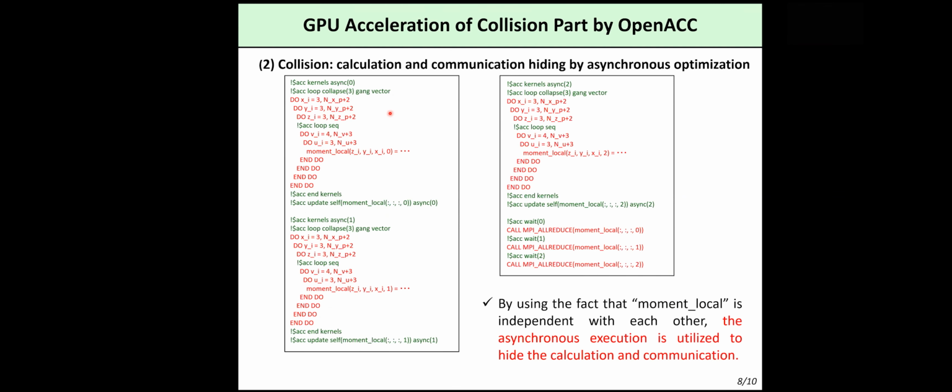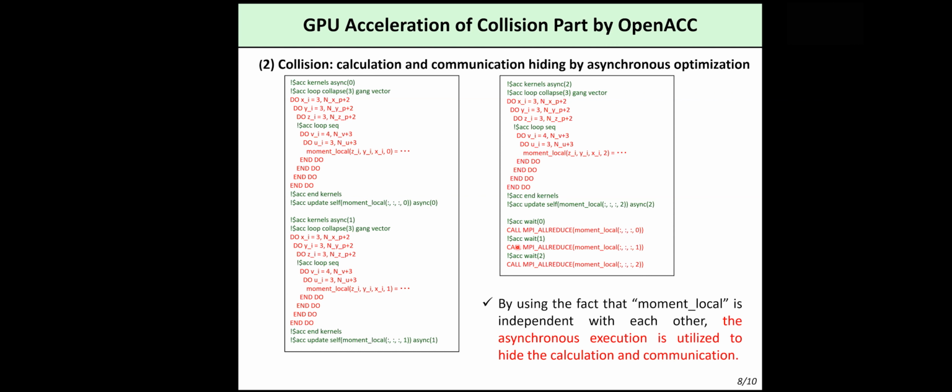On the other hand, the so-called collision part, which is the other main part of GKNET, consists of relatively light 5D 3 loops and 3 MPI all-reduce communications. Here, by using the fact that these three variables are independent of each other, asynchronous execution is utilized to hide the calculation and the communication.